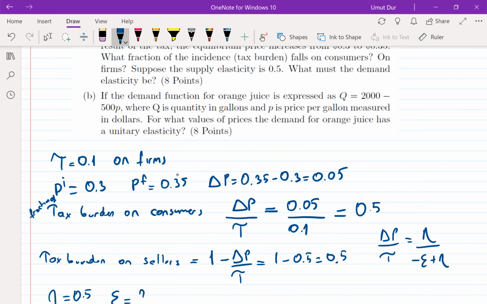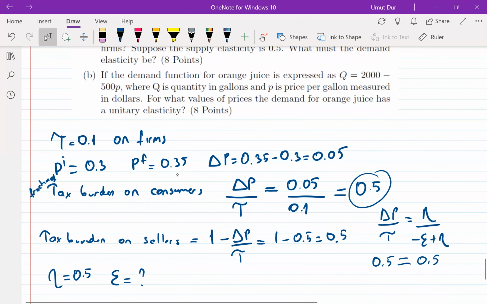We have found delta P over tau is 0.5. Eta is given as 0.5. We don't know what epsilon is.